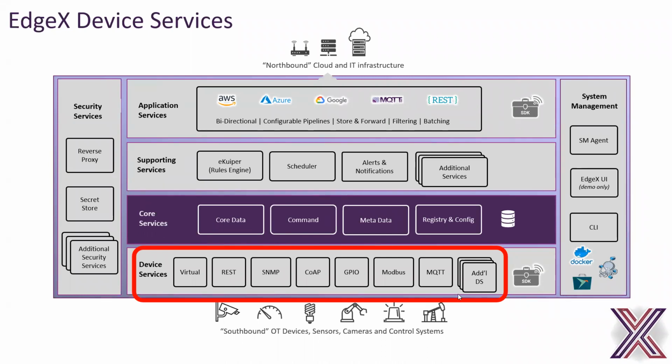By the way, if this architectural diagram of EdgeX is a little bit foreign to you, if you're really not sure what place an EdgeX device service plays in the architecture, I'll talk a little bit about that today, but I would also encourage you to take a look at the video we did 2 weeks ago on getting started with EdgeX. We go into more details about the overarching architecture and how device services and other services play as part of this microservice environment.